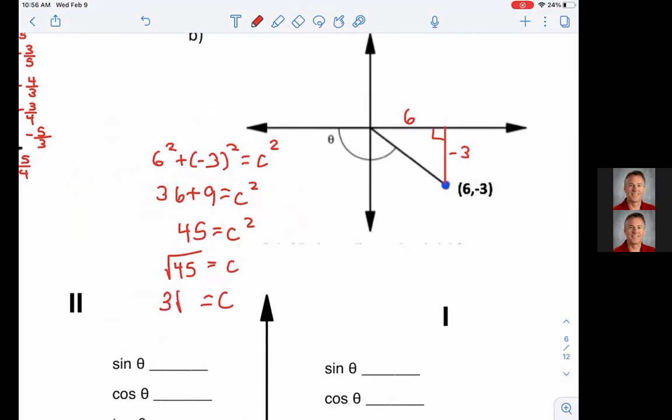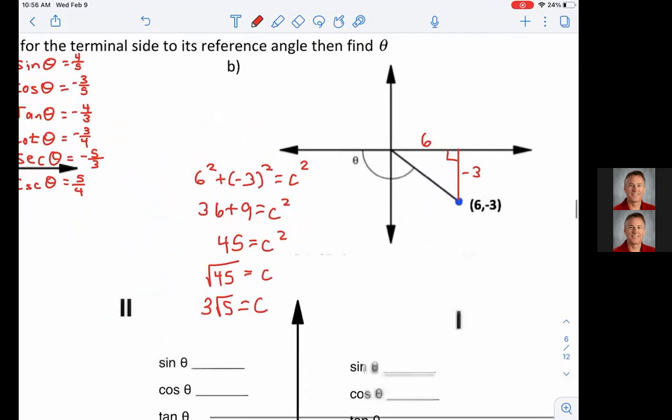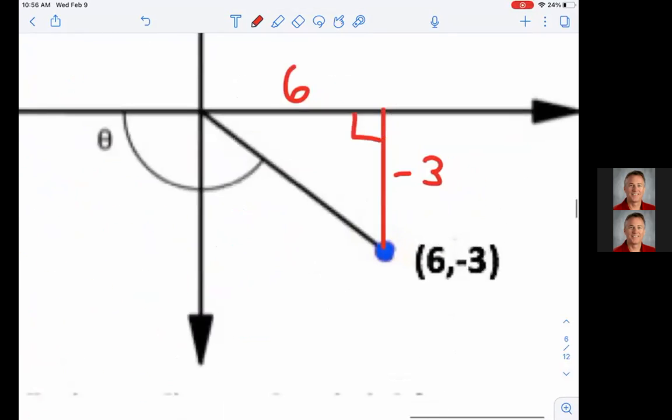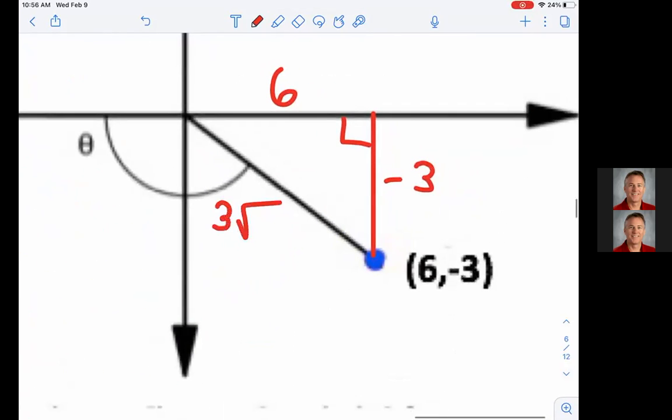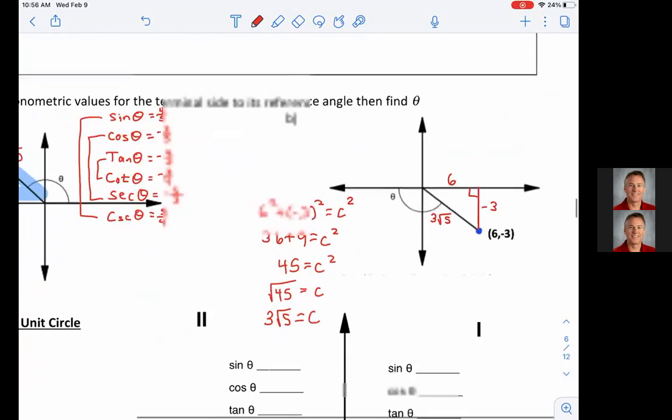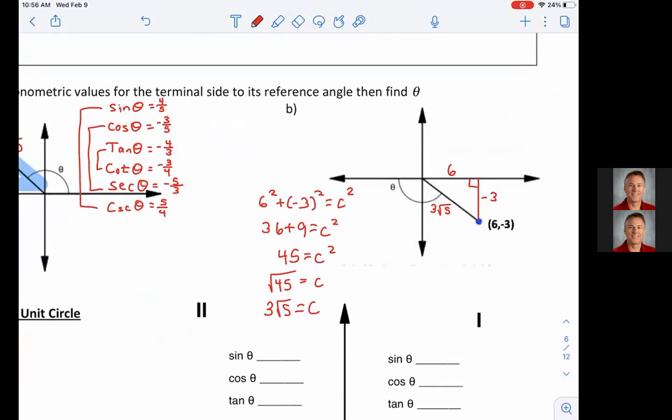That c comes out to be the square root of 45, which of course we've simplified radicals, right? It's going to be 3√5. I will place that as my hypotenuse. And the hypotenuse, of course, is a distance, so it's always positive.